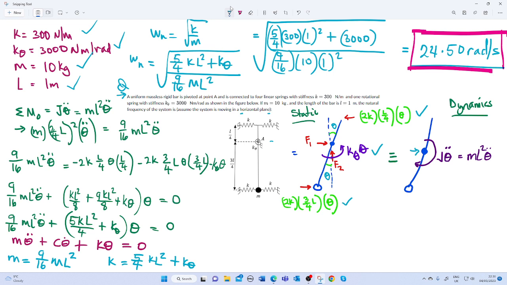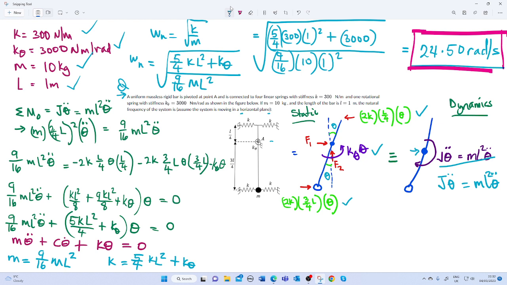From the dynamics point of view, we know that the rotation equation will be J theta double dot, which equals m L squared theta double dot.